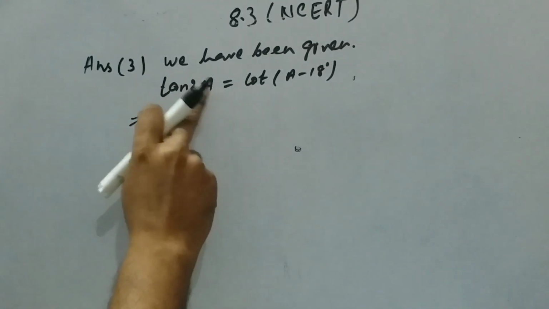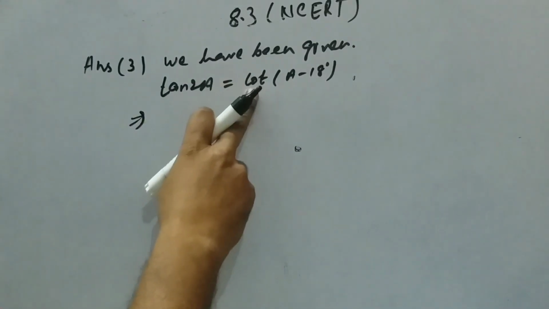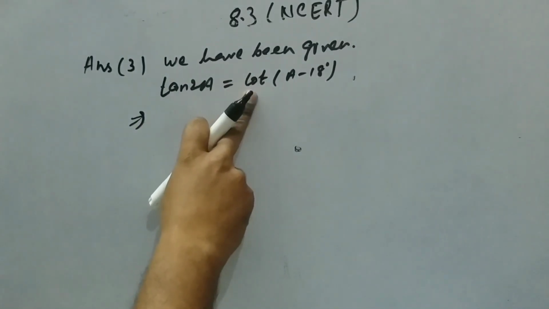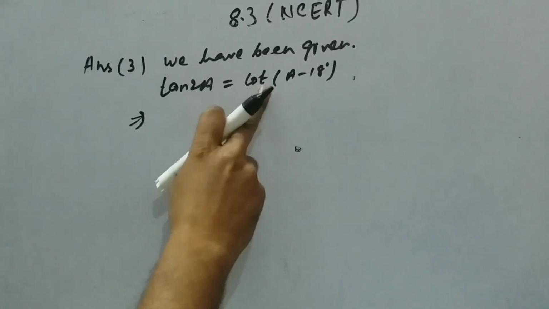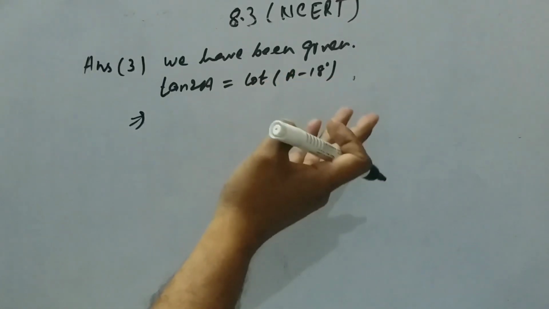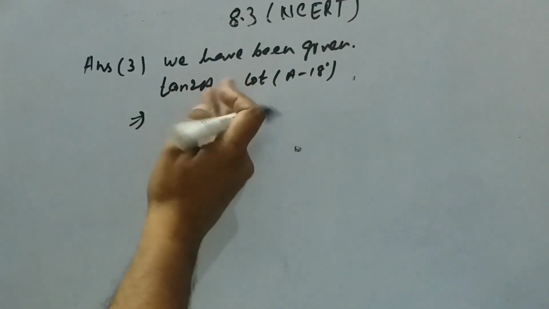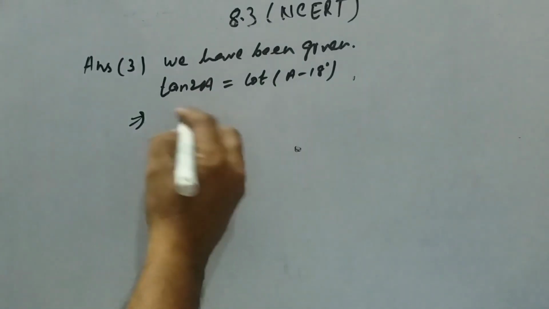For that, we will change either this into cot or this into tan. So please always change cot into tan, or you can also change tan into cot. For that, what can you do?